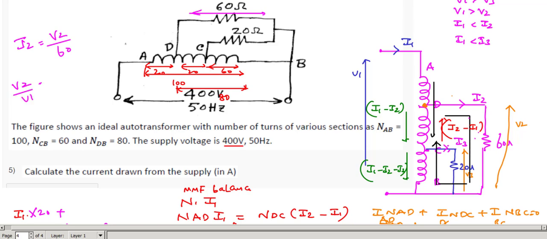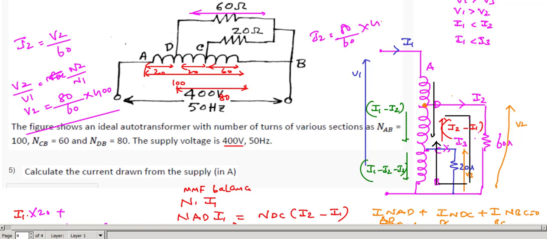V2 by V1 equal to N2 by N1. So what is V2 here? Across BD is 80, across AB is 60, into V1 is 400. So from this I get V2 equal to 80 by 60 into 400. What is I2? So I2 equal to 80 by 60 into 400 divided by R2, 60. Substitute in that.